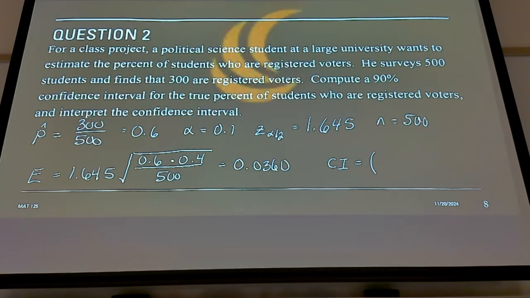Is that right? 0.5639, but you rounded up to 0.564. And then adding's easy. I'm just not going to put zeros for the sake of space.